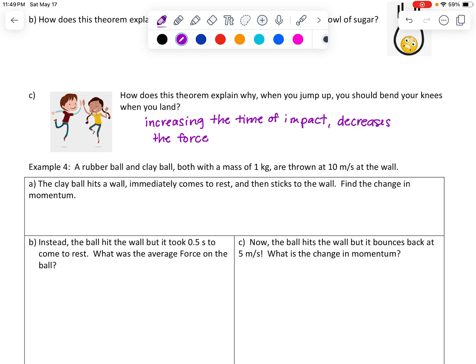In layman's terms, what people talk about is that it absorbs the impact. It's not actually true, right? But that's what shock absorbers are, right? It's increasing the time for your car to go over the bump or feel that force, and so it decreases that force so you don't feel it quite as much in your car, right?